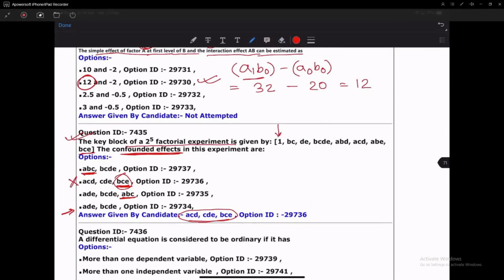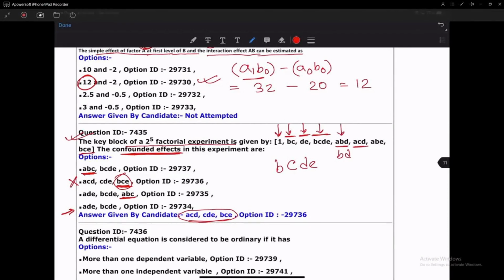With 1 we have no common member. With BC, as the letters are BCDE, we have an even number of common members, with DE an even number, and with BCDE an even number. With ABD we have BD common, so an even number of common members.